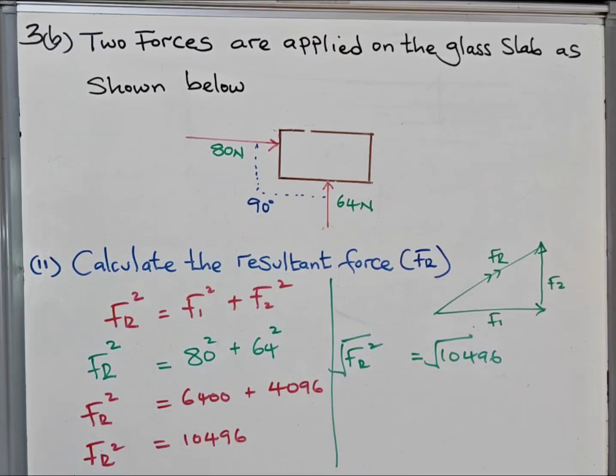You have to recall that what we are finding is Fr, not Fr squared. So from here, we have the resultant force, and that is that. So this is what we get as our resultant force.